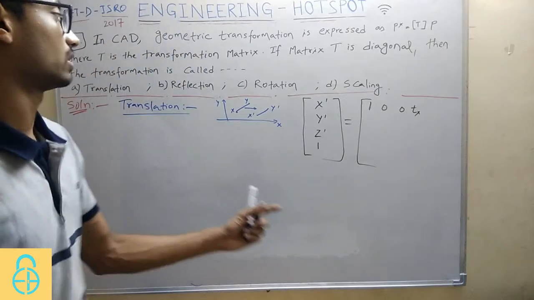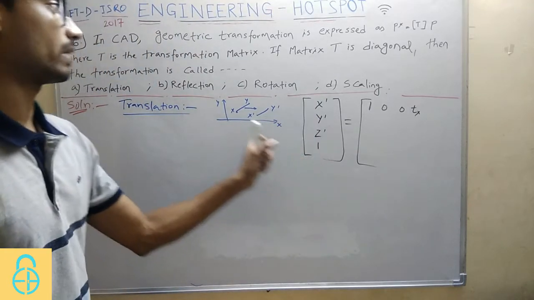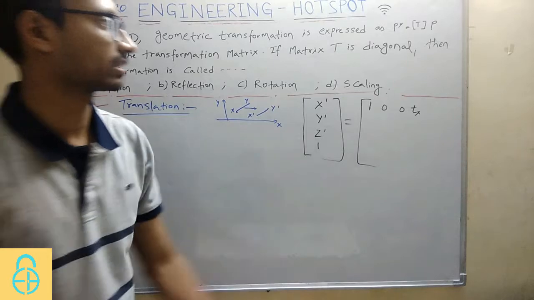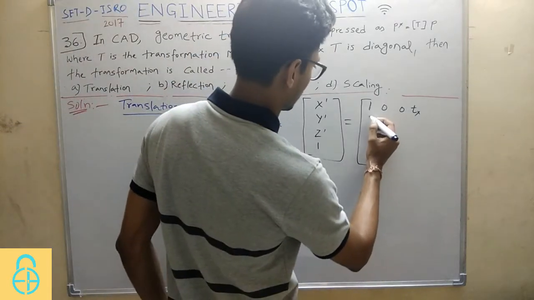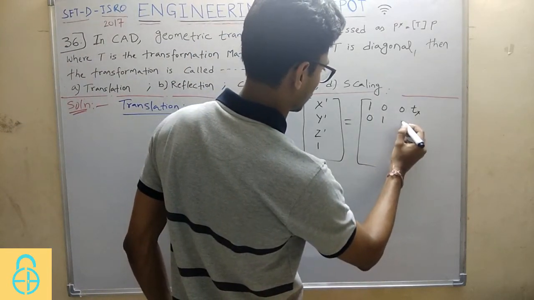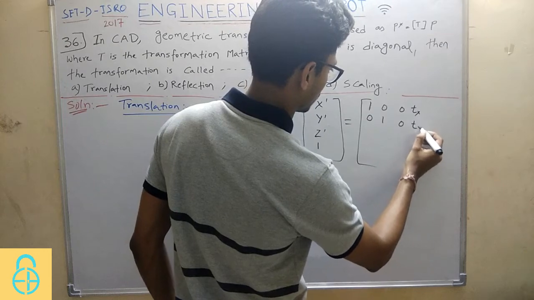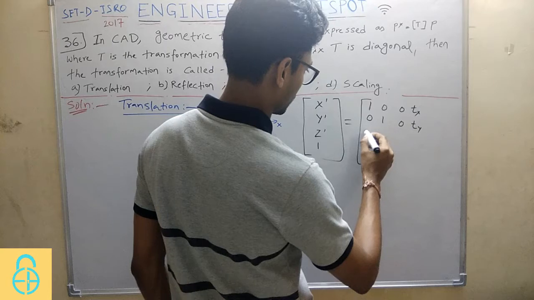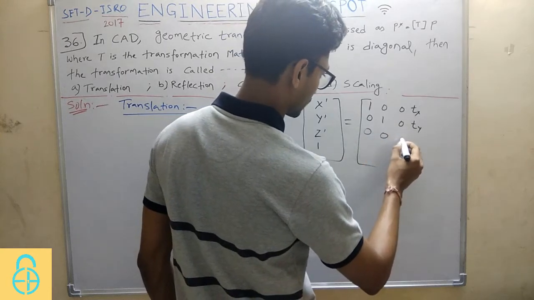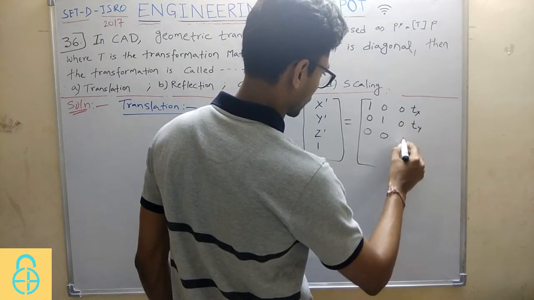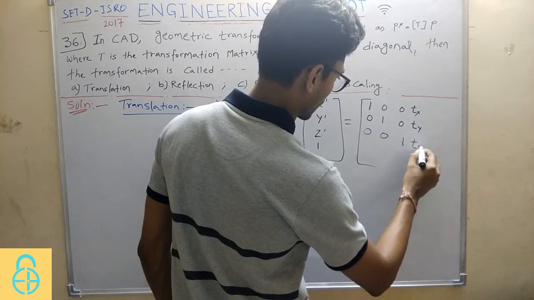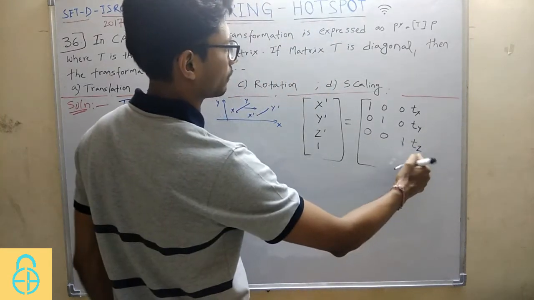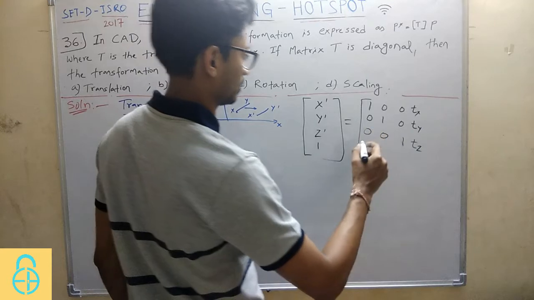Tx is the amount by which we have translated in the x direction. This is the amount by which we have translated in the y direction. This is the amount by which we have translated in the z direction.